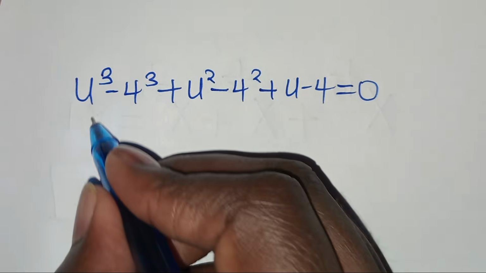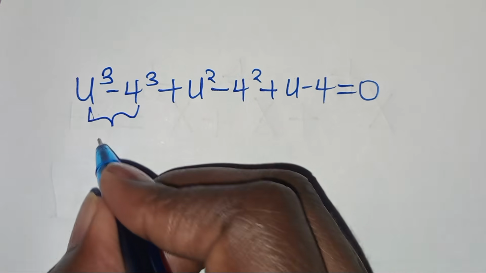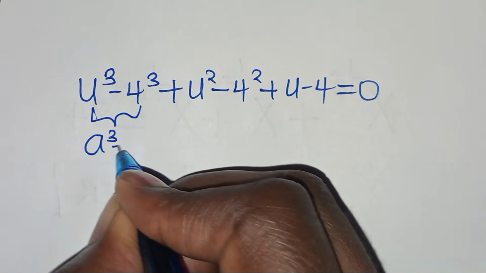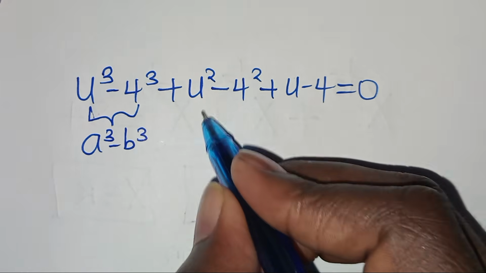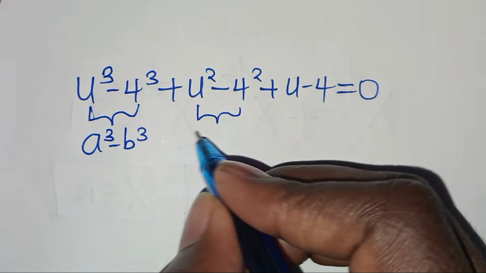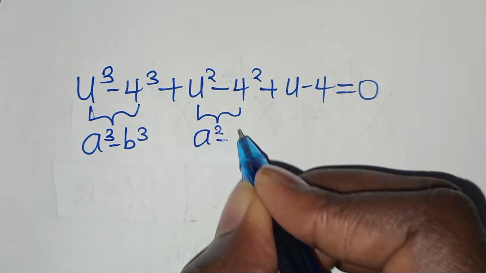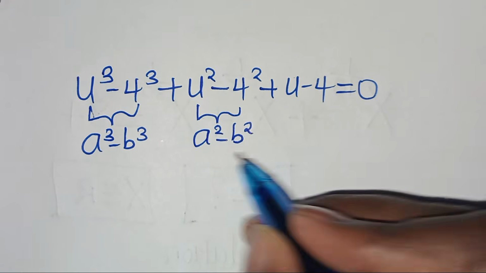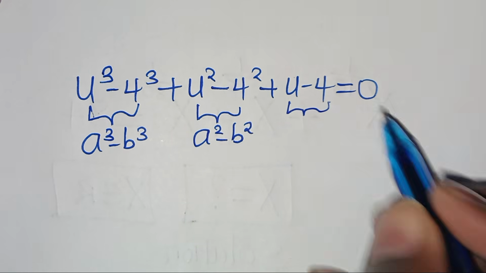Now we have got three parts here. The first part is the difference of two cubes expressed as a to the power of 3 minus b to the power of 3. The second part is the difference of two perfect squares expressed as a squared minus b squared. Then we have the third part here.